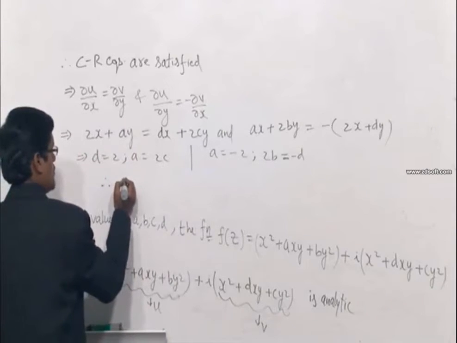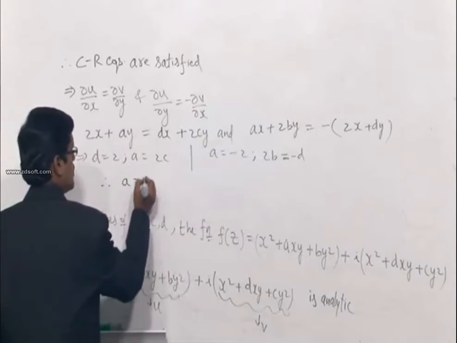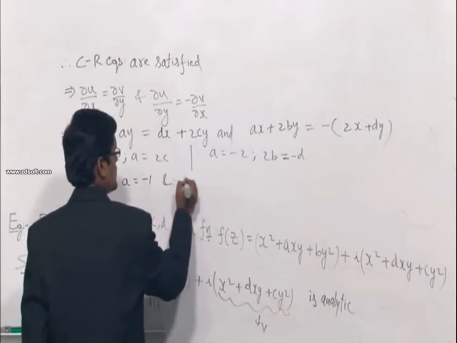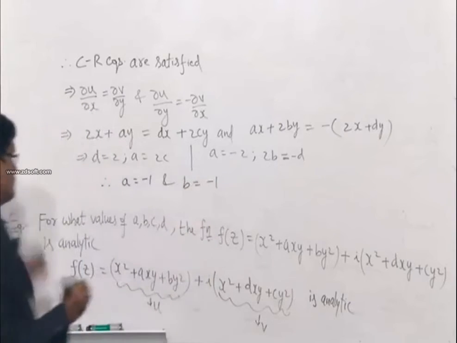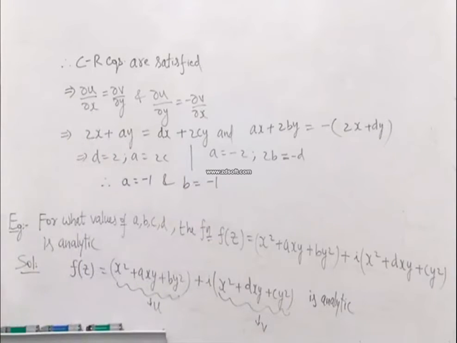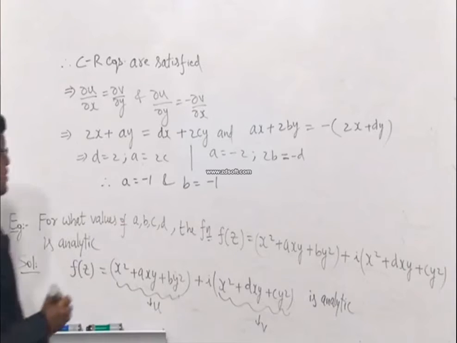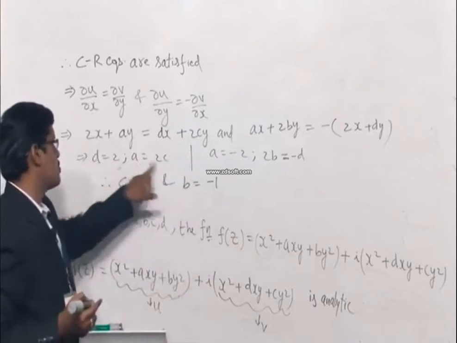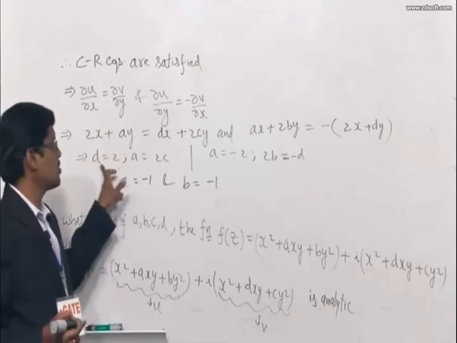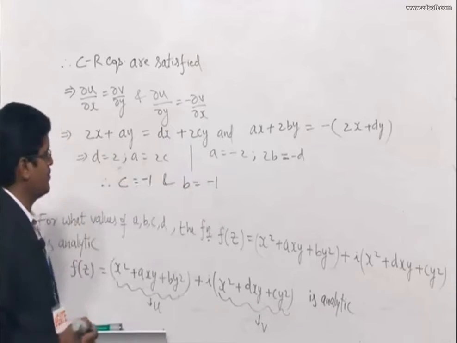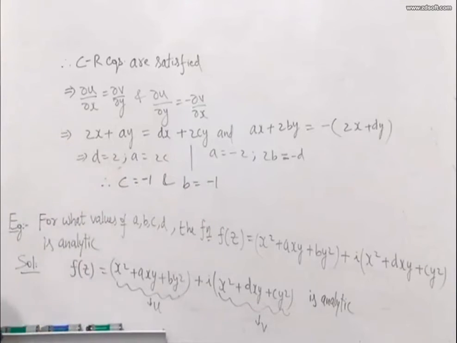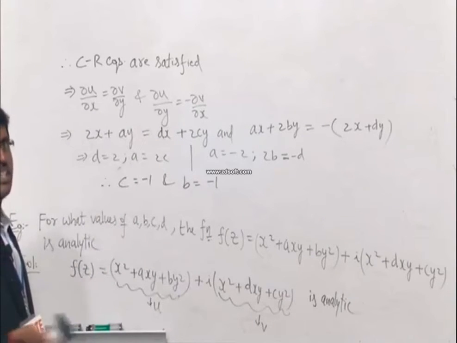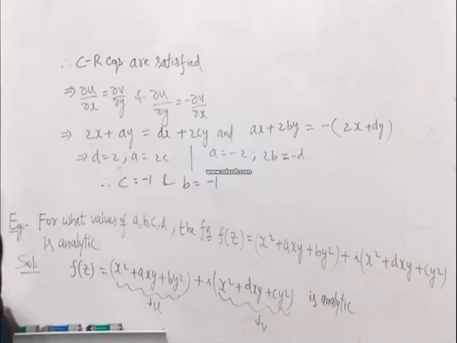So a is equal to minus 2, and 2b is equal to minus 2, b is equal to minus 1. Sorry, here c value: substituting a is equal to minus 2 here, 2c is equal to minus 2, c is equal to minus 1. Substituting d value there, which gives b value is equal to minus 1. And these four partial derivatives are polynomials, and every polynomial function is always continuous. They exist as well as are continuous.